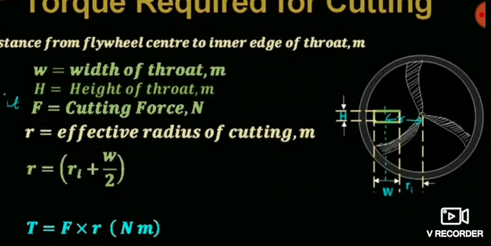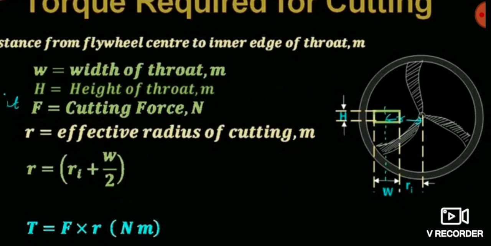So friends, our effective radius of cutting is nothing but the distance between the center of throat and the center of chaff cutter. Friends, you have to clearly understand here.